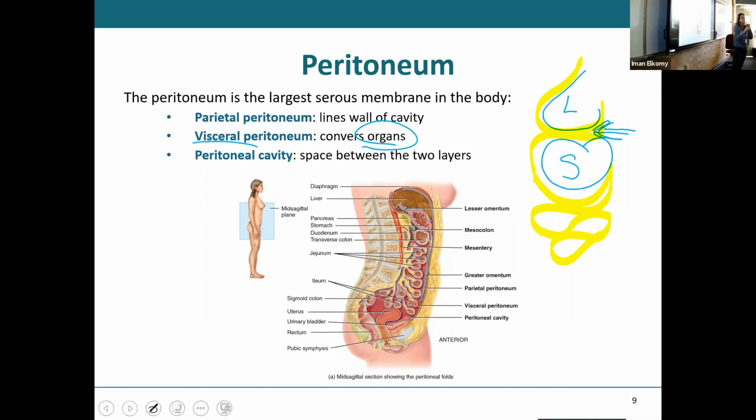And there's no opening in this cavity. It is a closed space. And the point of that is, if you have an intestine or a stomach that's perforated and leaking acid or leaking feces and bacteria into this cavity, you can contain it. You're not going to infect your heart or your lungs because they're completely separated from everything else. Okay, so that is what we call the peritoneal cavity.